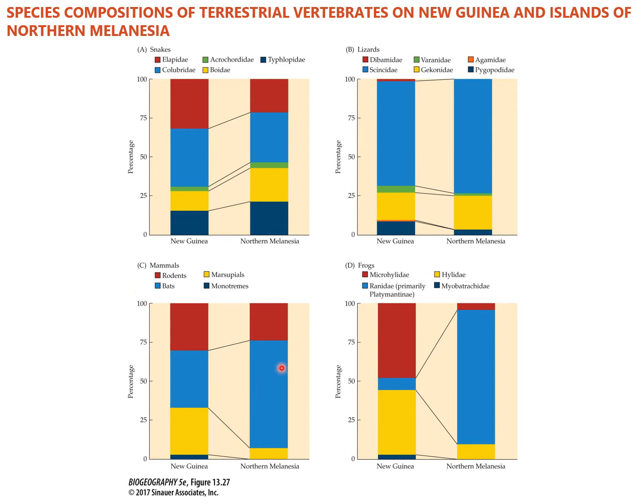Mammals and frogs are where you start to see some differences. We're comparing the size of these proportions on the island to the size on the mainland. For bats in mammals, there's a big difference. They're much more prevalent on the island than on the mainland.